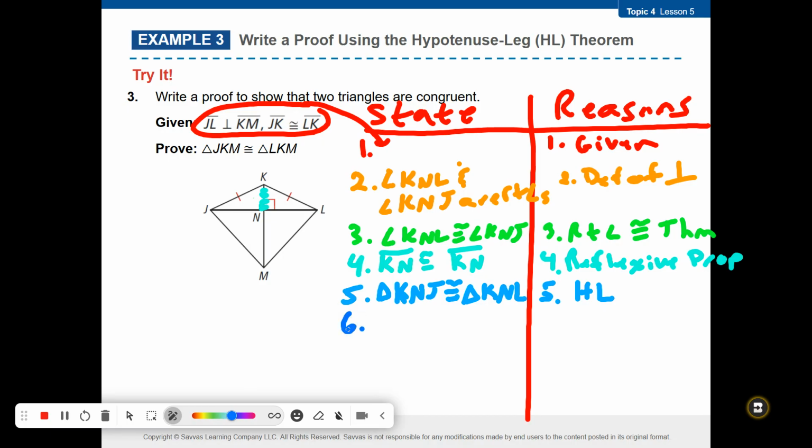So step 6 in this case, I'm going to state that angle JNM and angle LNM are right angles. And that's by the same thing as here, definition of perpendicular, because we know they're perpendicular lines. Okay?